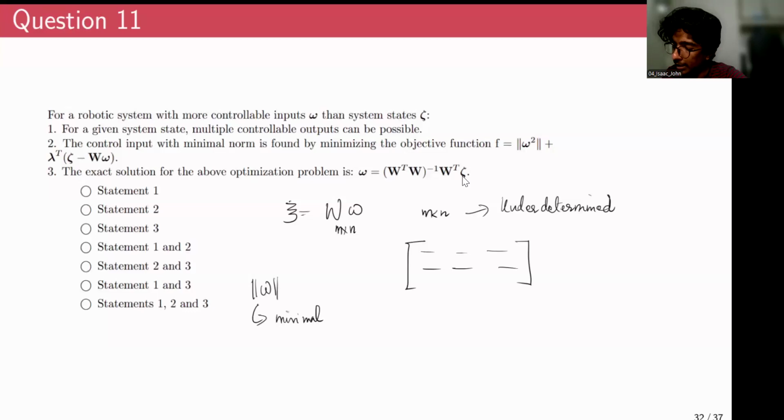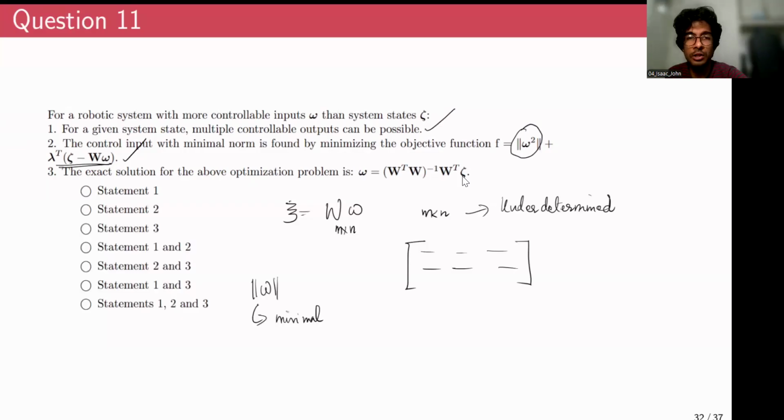So what are the correct statements? For a given system state, multiple control inputs can be possible. That is indeed true for an underdetermined system. The control input with minimal norm is found by minimizing the objective function: minimize the norm subject to the constraint that zeta minus W omega should be zero. That is also true.